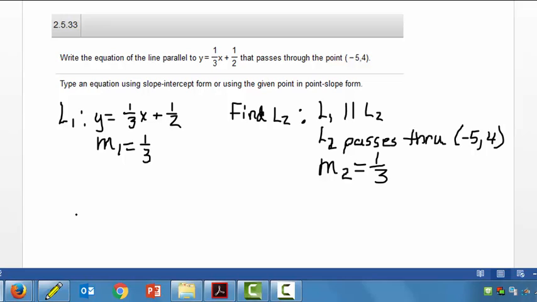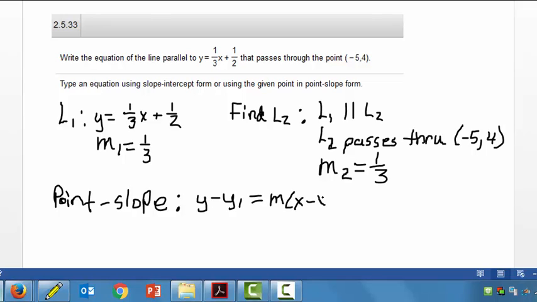All right, so we're going to use the point-slope form. We want to eventually get to the slope-intercept form. So the point-slope form says y minus y1 equals m times x minus x1.